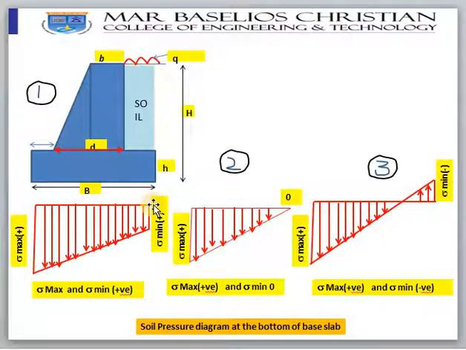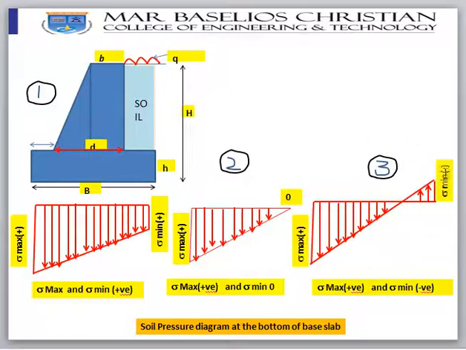In this case, both maximum and minimum are positive. Now case number two: the maximum is positive whereas the minimum is 0. And in the third case, the maximum is positive but the minimum is negative.